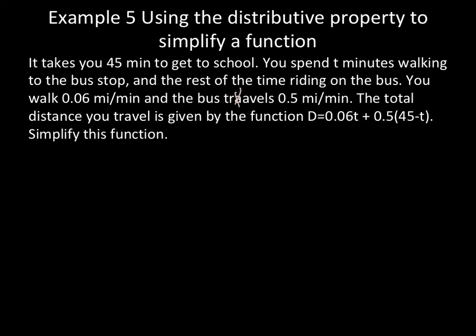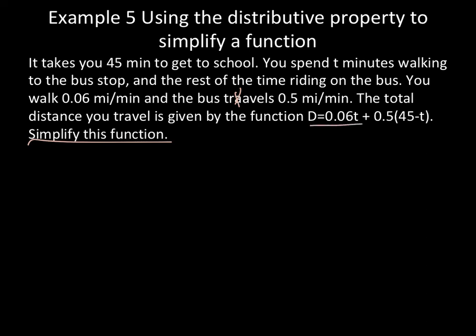The total distance you travel is given by the function d equals 0.06t plus 0.5 times (45 minus t). Simplify this function. So even though I have this long word problem with a lot of information, I don't even need to make any functions. All I have to do is simplify the function. I'm not actually solving for anything.